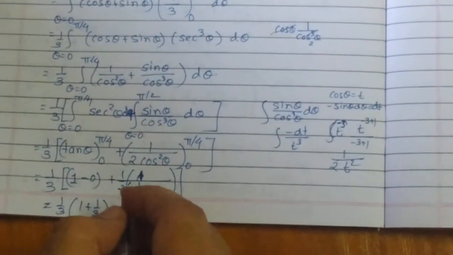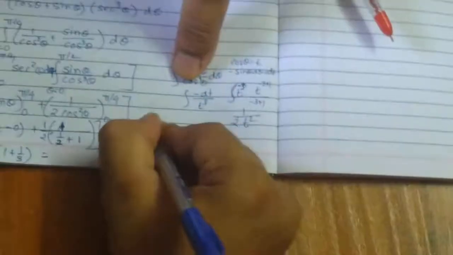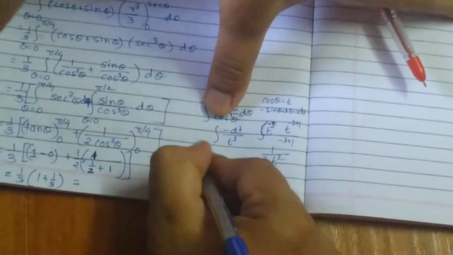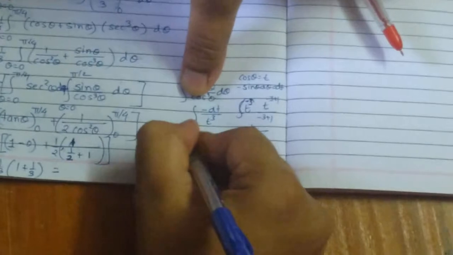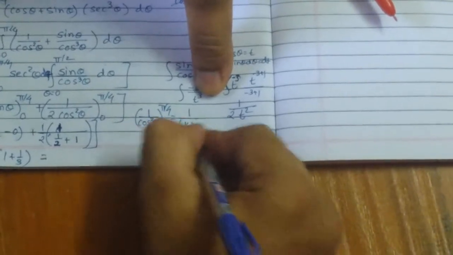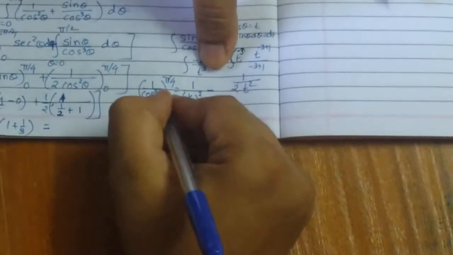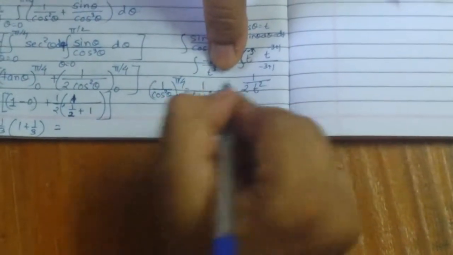Okay. Hence this gives us, I simplify this here, plus 0 to pi by 4. When I substitute pi by 4 here, we have 1 upon root 2 square. Okay. Minus, when we substitute 0 here, we have 1.